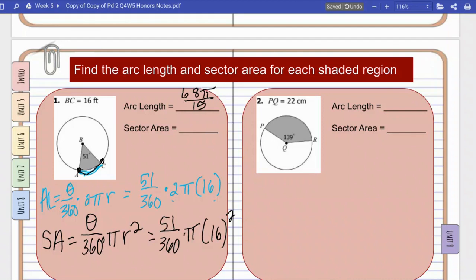We're going to times that by 51, and then divide by 360. When I get that, I get a weird decimal, so let's just change it back to a fraction. You can do that by hand, or you can do math enter on a calculator, and this is 544 pi over 15.